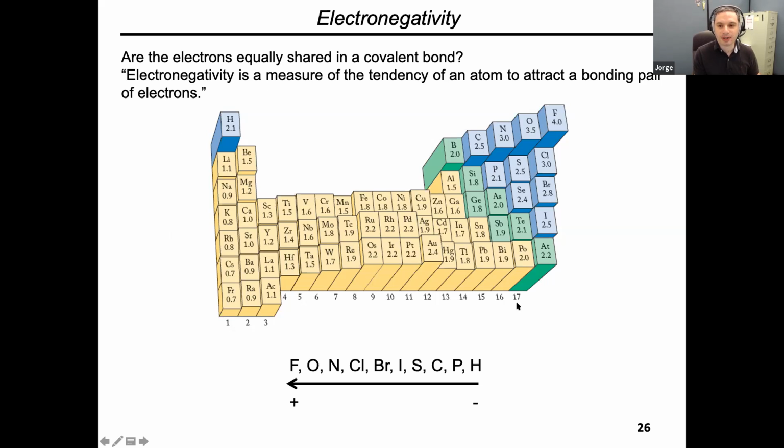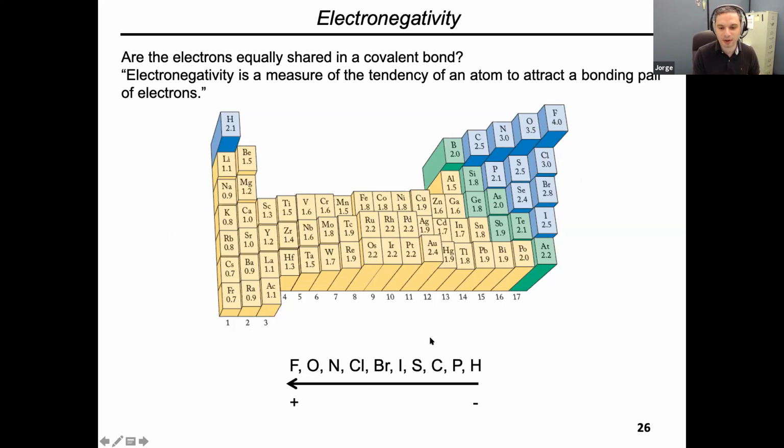As you can see here in this scheme, fluorine is the atom with the highest electronegativity because it's the smallest one. The next one is oxygen. Then we are going to move on to nitrogen. Chlorine has a very similar electronegativity.